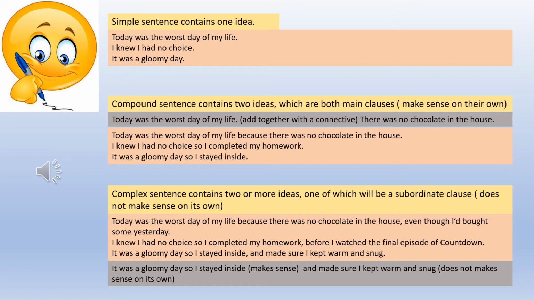So today was the worst day of my life, perfectly acceptable as a sentence. There was no chocolate in the house, perfectly acceptable as a sentence, but we create a compound sentence by putting a connective in between the 2. And here you can see I've used because and so. Okay, so compound sentences, 2 ideas, both ideas would make sense on their own.